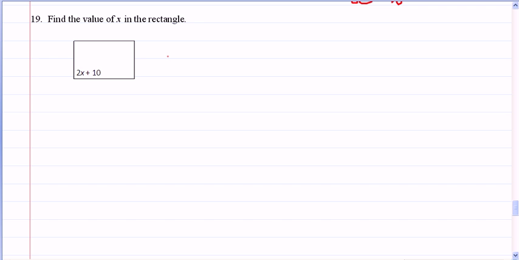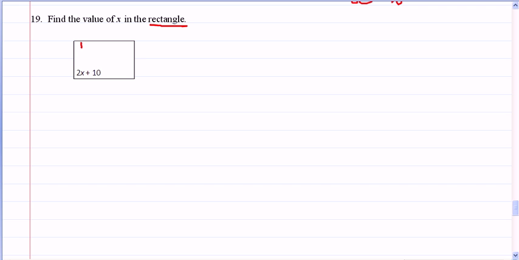For number 19, find the value of x in the rectangle. So looking at this picture, we're only given one angle is 2x plus 10. But to solve this problem, you want to think of the properties of a rectangle, specifically the angles of a rectangle, because 2x plus 10 represents an angle.